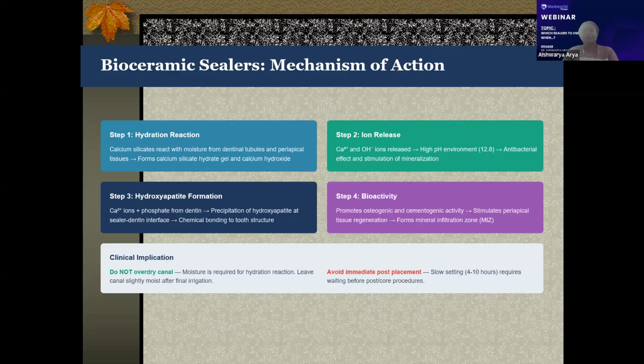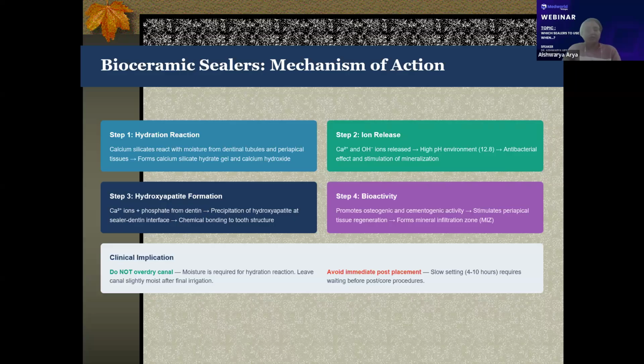Further, the fourth step is bioactivity, where it promotes osteogenic and cementogenic activity, stimulates periapical tissue regeneration, and finally forms the infiltration zone, that is MIZ, the mineral infiltration zone.